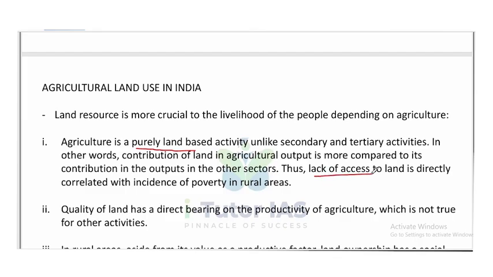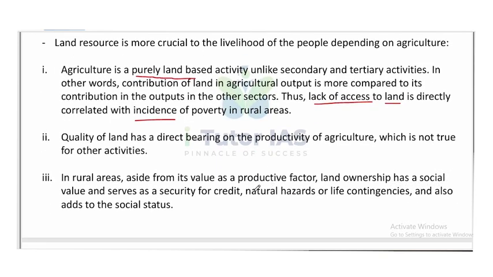Thus, lack of access to land is directly correlated with the incidence of poverty in rural areas. Quality of land has a direct bearing on the productivity of agriculture, which is not true for other activities, that is secondary and tertiary activities.